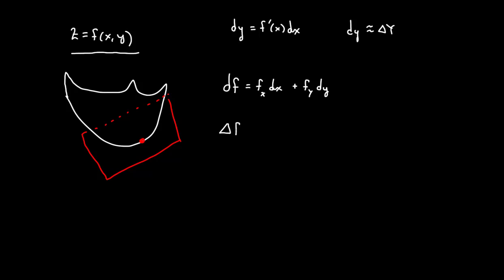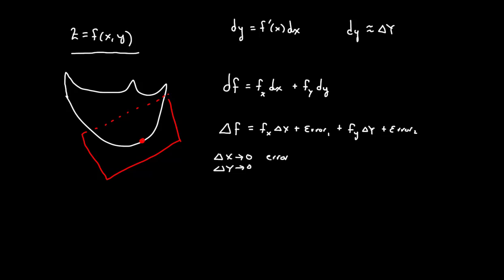I'm going to say that delta f is equal to the x slope times delta x plus some error in the x direction, plus fy times delta y plus some different error in the y direction. And as delta x and delta y both go to 0, then the error terms go to 0.